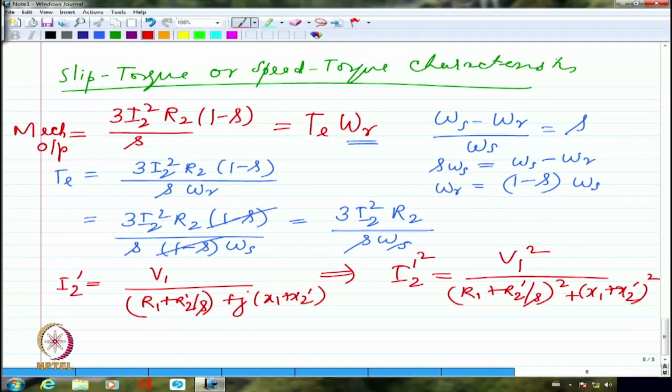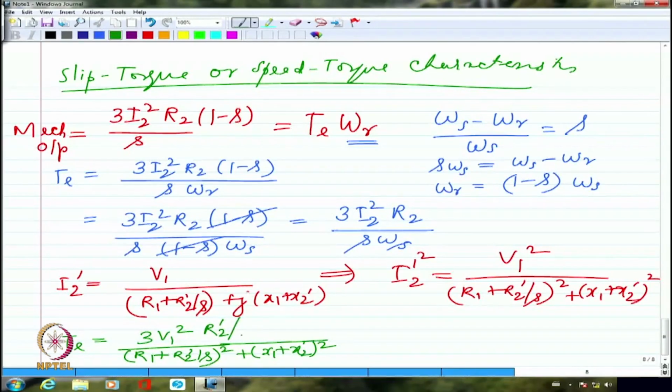So I get TE equal to 3 V1 square divided by R1 plus R2 dash by S the whole square plus X1 plus X2 dash the whole square, and then I have R2 dash divided by S omega S. That is the expression for torque when I neglect the no load current.